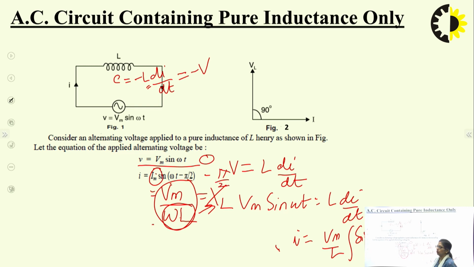If the phase of current is minus pi by 2 and the phase of voltage is 0, I can conclude that in a purely inductive circuit, the current lags the voltage by 90 degrees, and that is what is shown in the phasor diagram. If I take current as the reference, the current should lag the voltage by 90 degrees, or I must say the voltage should lead the current by 90 degrees.